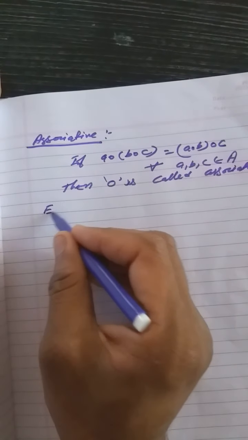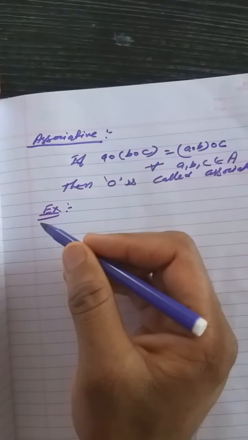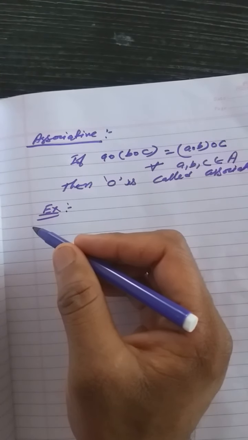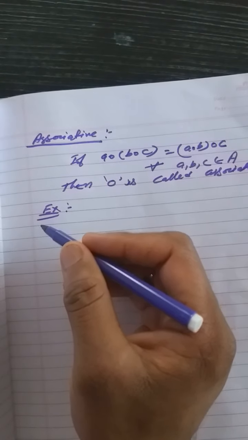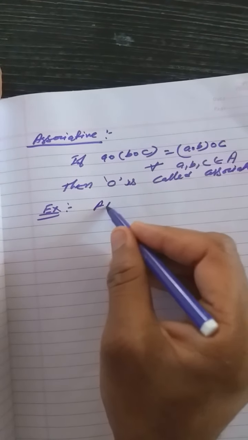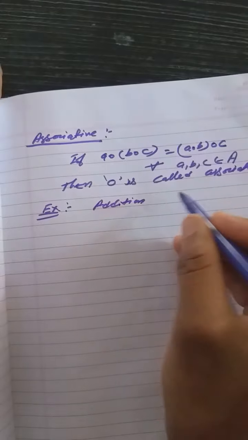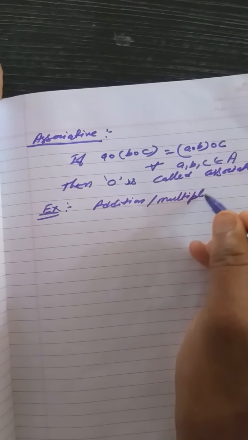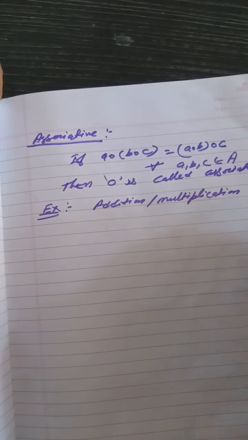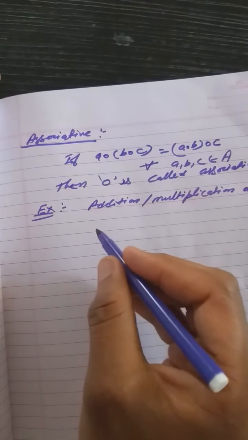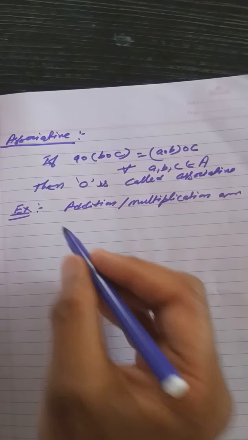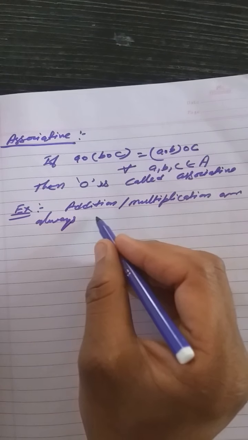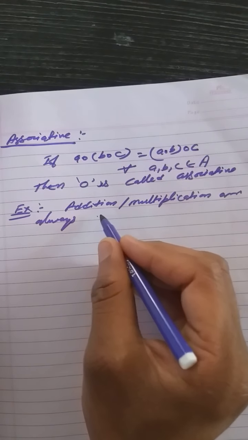Examples. Addition and multiplication on R are always associative binary operations. On the set of real numbers, these are always associative.